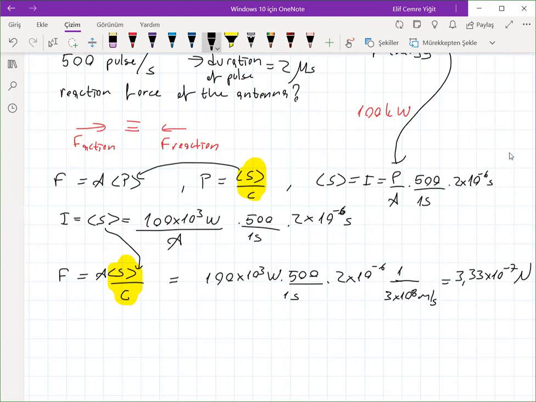Okay, so you need to know this force and radiation pressure formula. This is actually force and pressure that we saw in the Physics 109 course.